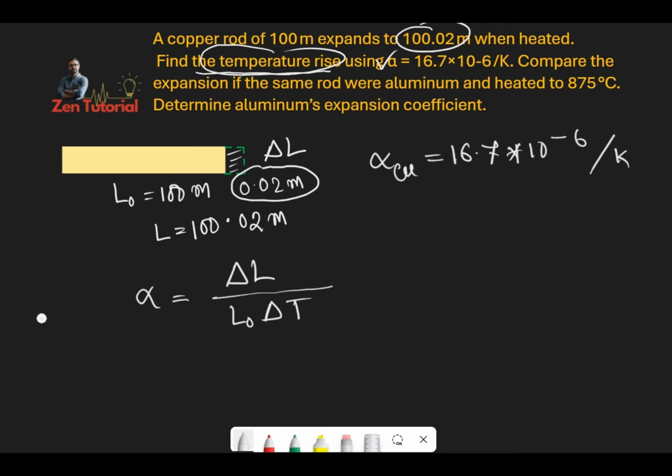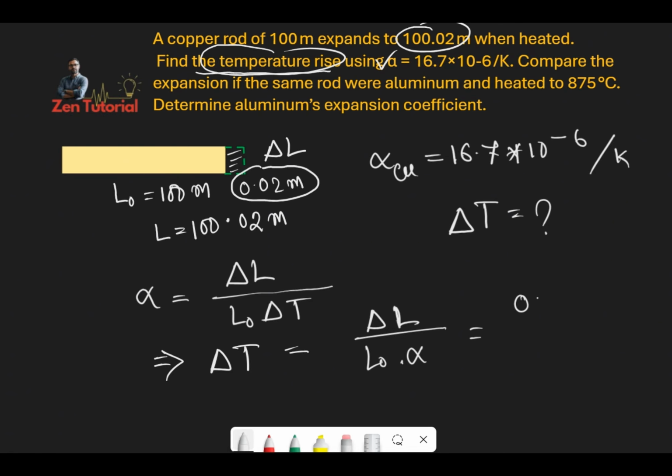So what we have to calculate is the rise of temperature, right? So the rise of temperature, del of T, is equal to what? From the formula, we could write del of T is equal to del of L over L naught times alpha. Let's plug in the values here.